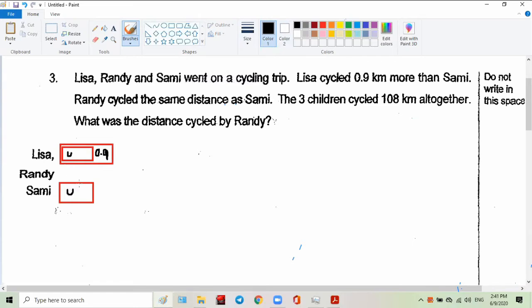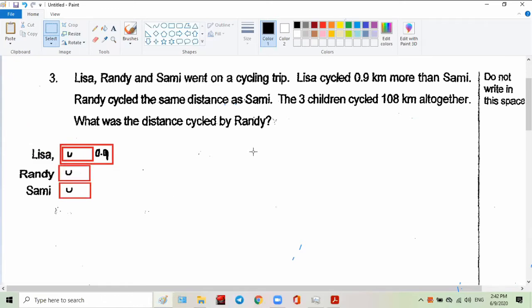Lisa cycled 0.9 more than Sammy. Each one cycled a unit. Then Randy cycled the same distance as Sammy. So here, Randy cycled the same distance as Sammy.